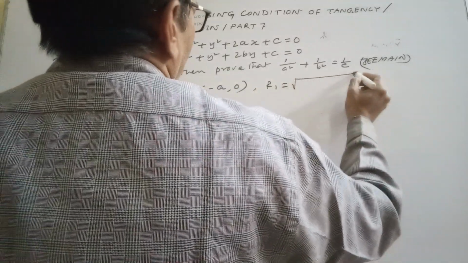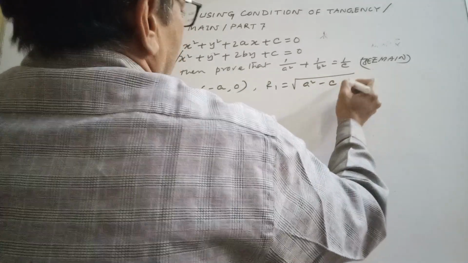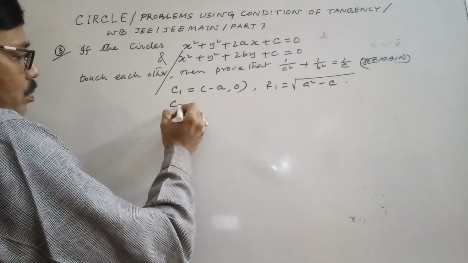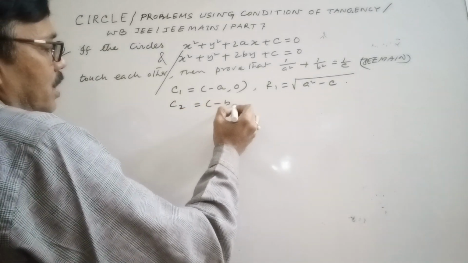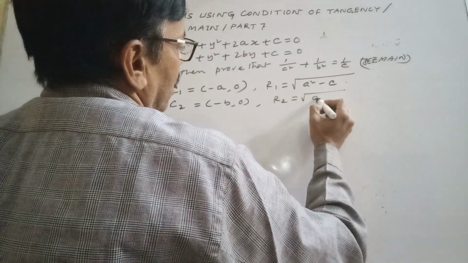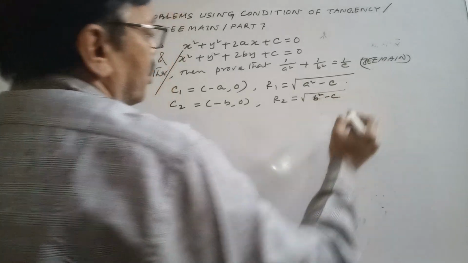R1 equals root of g square plus f square, so this is root of a square minus c. And C2 is (-b, 0). R2 is root of b square minus c.